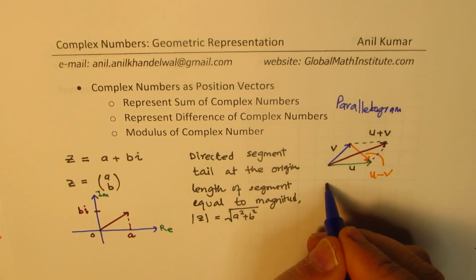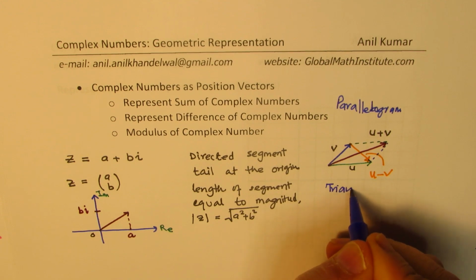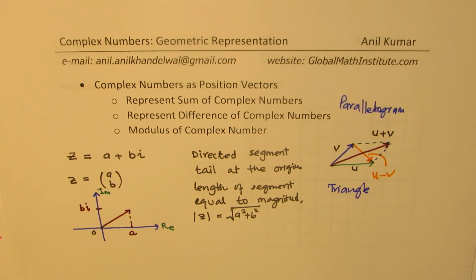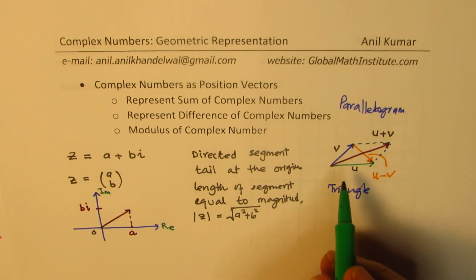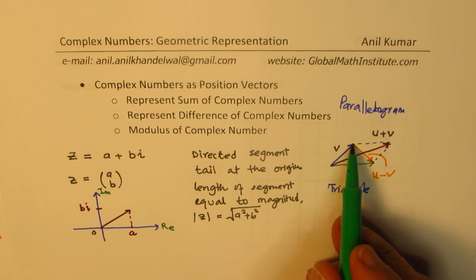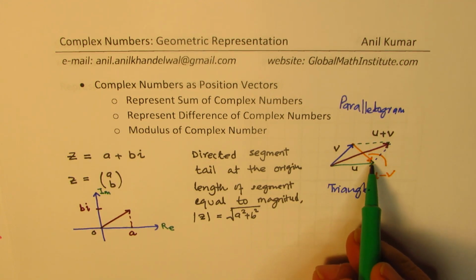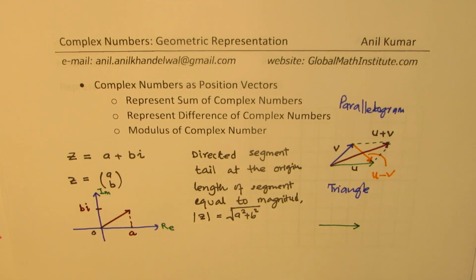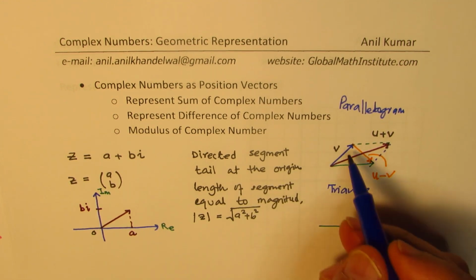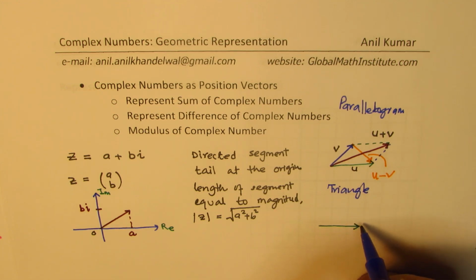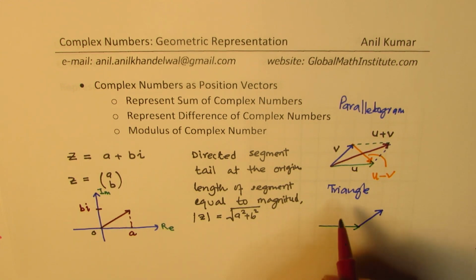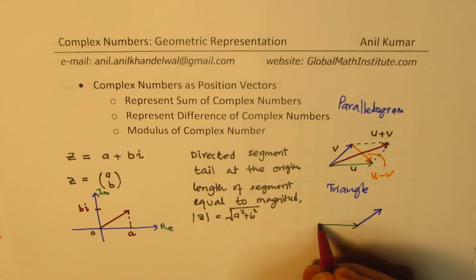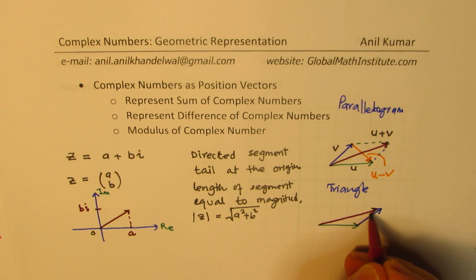And we also have the triangle method. In the triangle, you place the tail of the other vector on the head of the first one. So if this is my u, then the vector v will be translated so that its tail is on this, and the sum of these two vectors will be shown by the third side of the triangle.